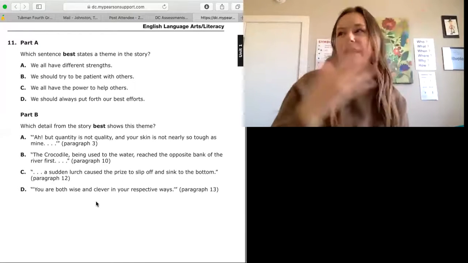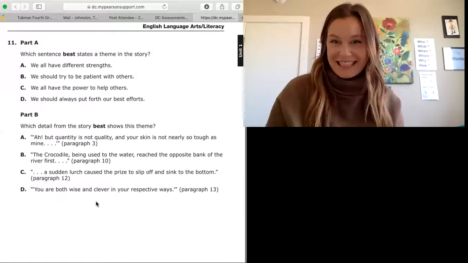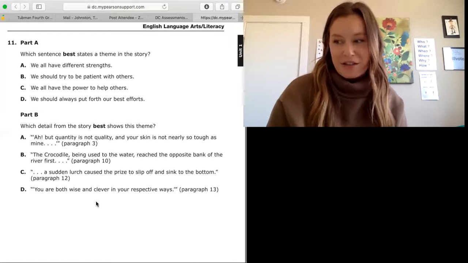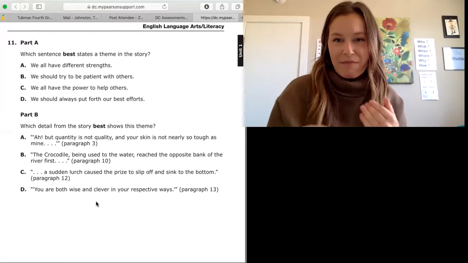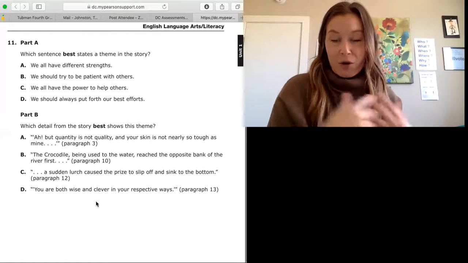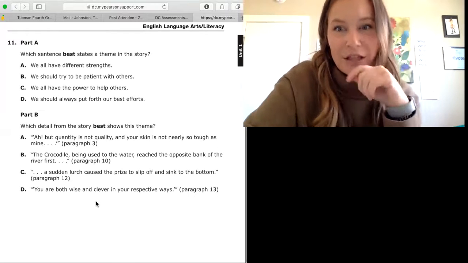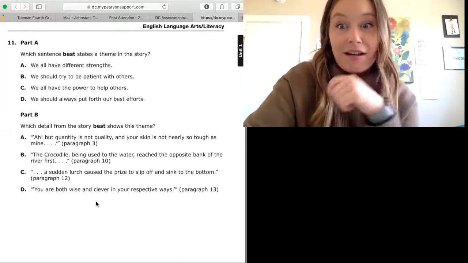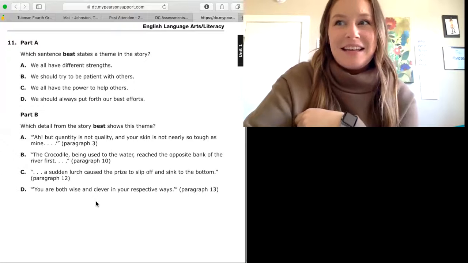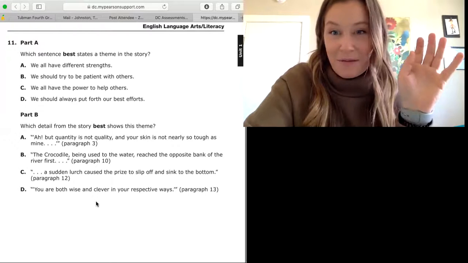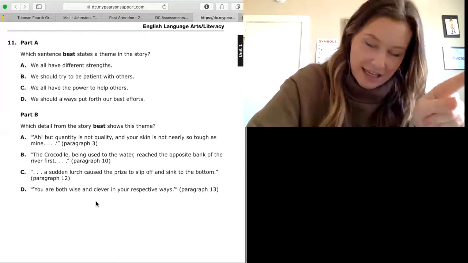So we're going to think, what lesson did we learn reading the story? Because then we can get a better idea of what we're going to answer before we even look. Because when we look at those answer options, sometimes they all look good because they're all great themes, but we want to know which one we learned in this story.